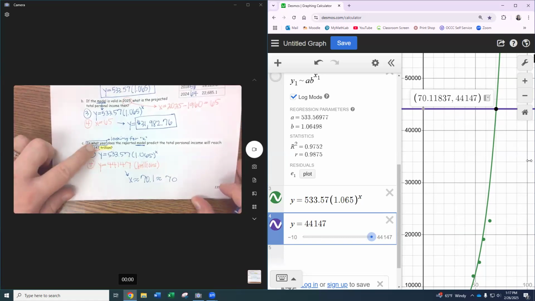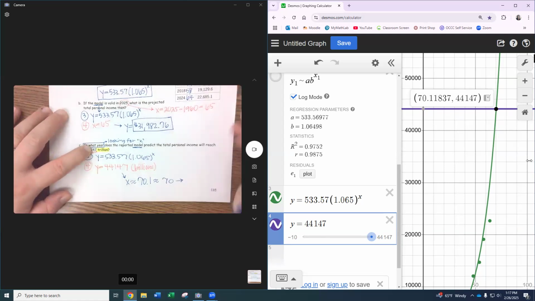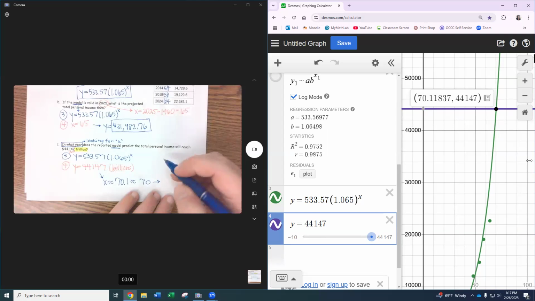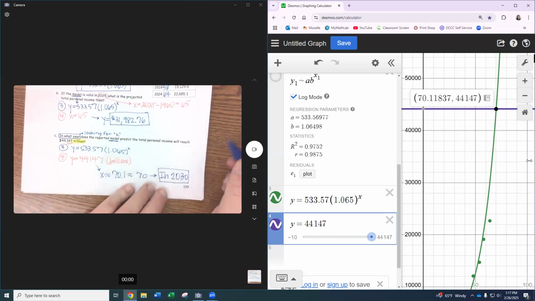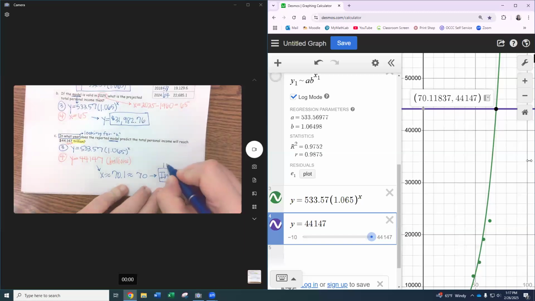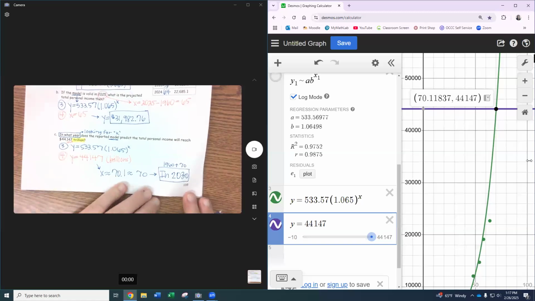And if it wants to know in what year, we add that to our 1960. And that would be in 2030, because again, it's 1960 plus 70.